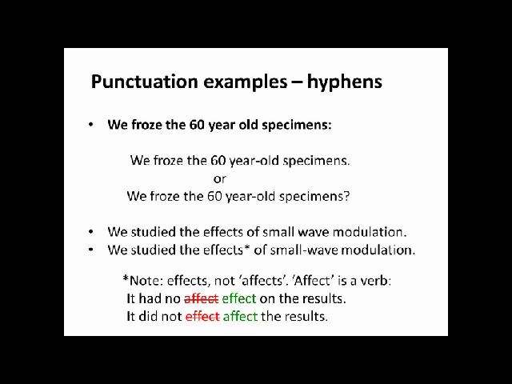So if you have a look at those examples, you would say it had no effect on the results with an E. But when we're just using a verb and we're talking about what it did, we say it did not affect the results. See that? An effect, but it did not affect with an A. The difficulty comes about because of English pronunciation rules and that we don't actually audibly pronounce those two differently because we stress the second syllable.